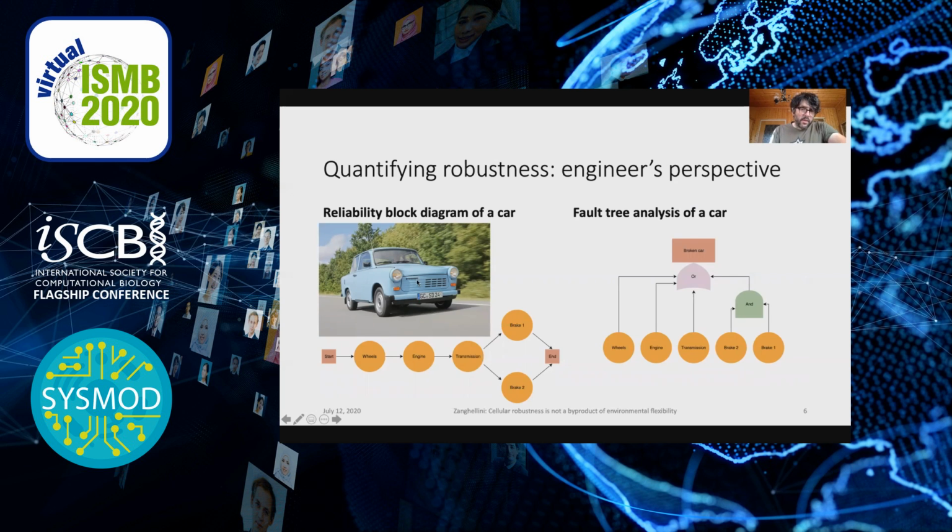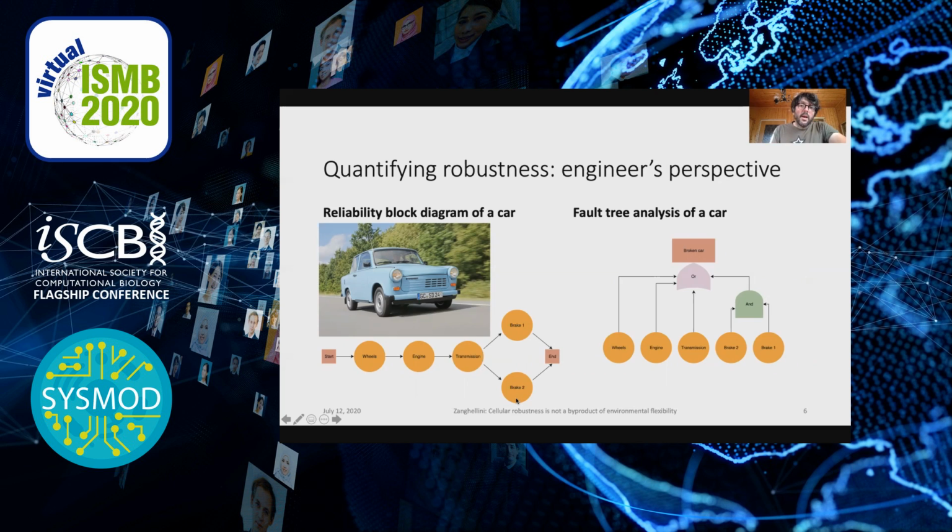Here is, for instance, a car, and we ask what the reliability of this car is. When an engineer analyzes this question, he draws up, for instance, a reliability block diagram. What we see here is that the car is made up of a couple of subsystems: the wheels, engine, transmission, and we have two braking systems.